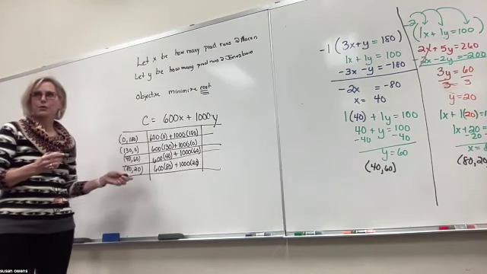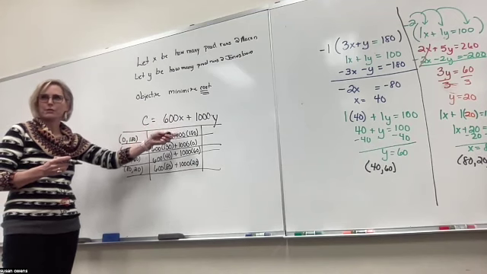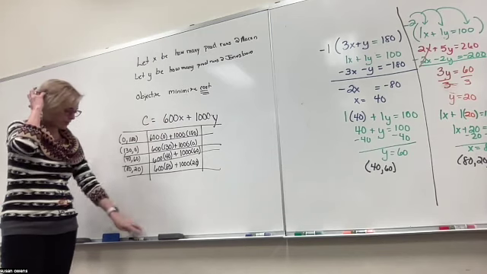Okay, so you take your corners, substitute them into your objective function. Then just put that into your calculator, get those totals.